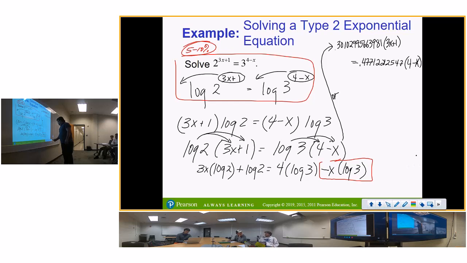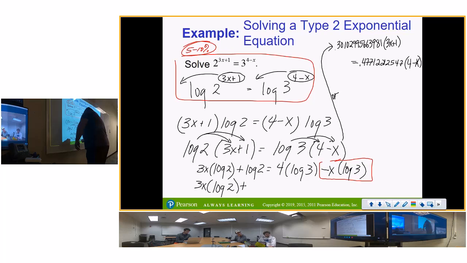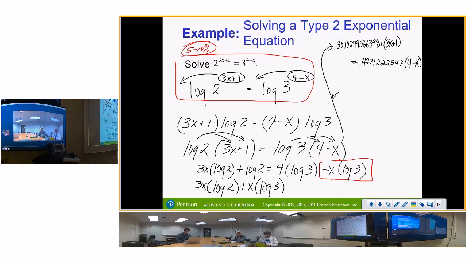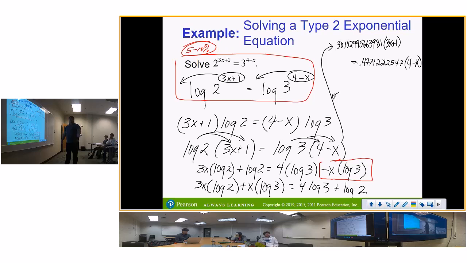I get 3x log of 2 plus x log of 3, sorry. And then I'm going to bring the minus log of 2 over. Somebody tell me what 4 log of 3 plus log of 2 will come out to be.